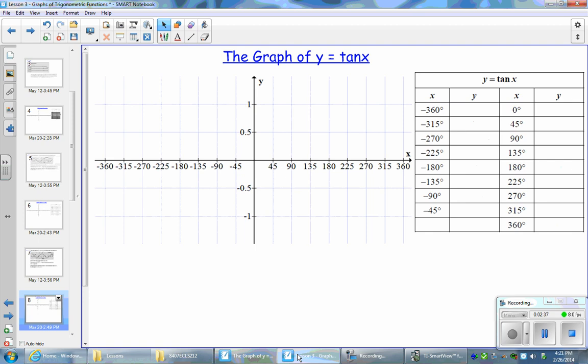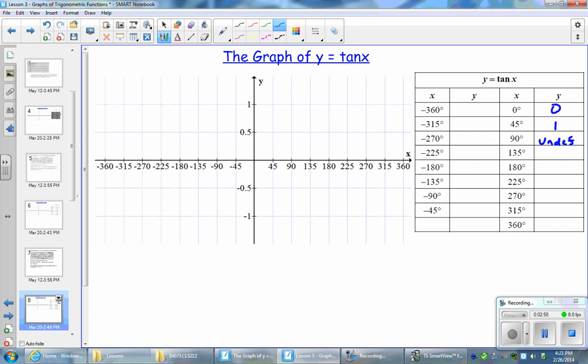Okay, so I'm going to go to my table of values here. For 90 degrees, you actually have to put in the fact that it's not defined. Okay, so we have undefined here. Okay, and actually my values seem to have disappeared, so I'm going to put in the tan of 0 is 0, the tan of 45 was, of course, 1.